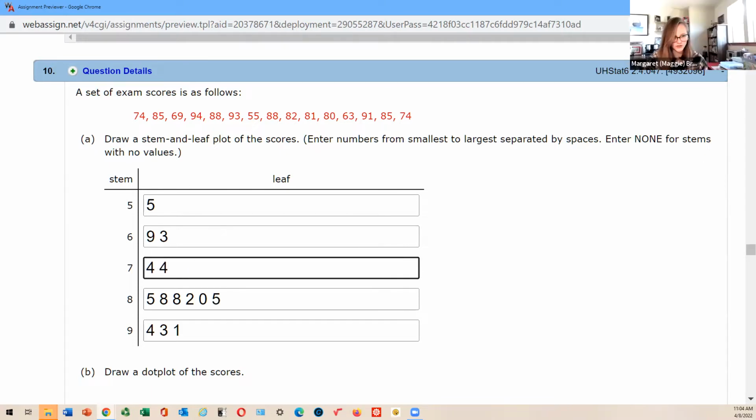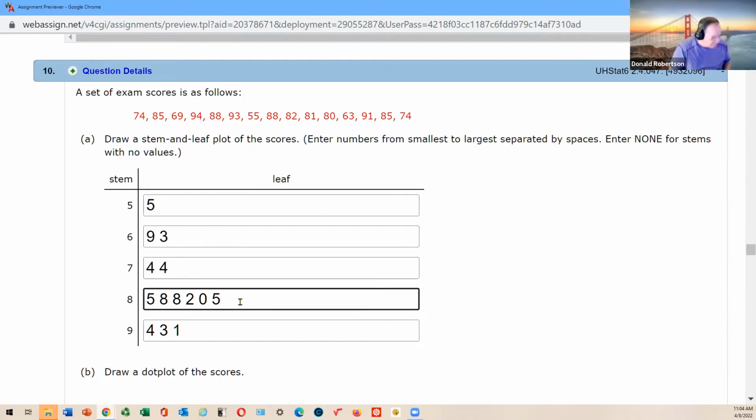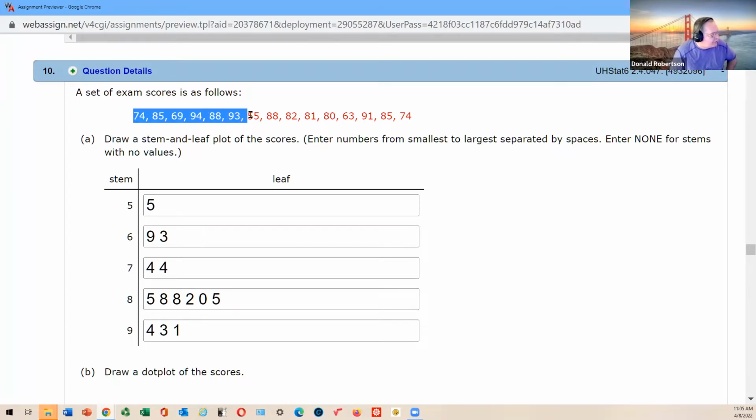Mr. Robertson, I think you forgot the 81. I did. Now I'm going to rub out that 81 because I missed it, and I'm going to show you what I would typically do, because that's exactly what I do. I miss things. So 1, 2, 3, 4, 5, 6, 7, 8, 9, 10, 11, 12, 13, 14, 15 numbers.